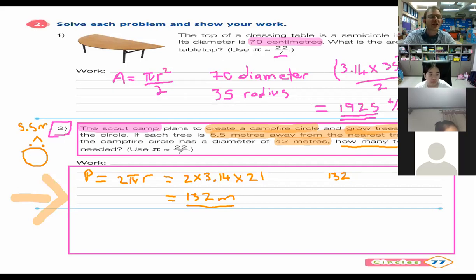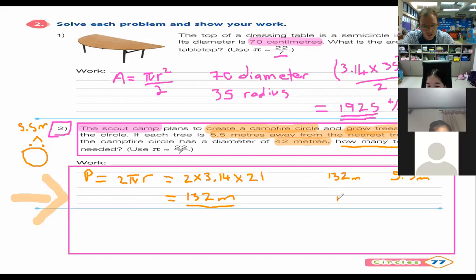So how far is each tree planted from the other one? What is the distance between them? 5.5 meters. So how will we calculate how many trees there are? You can tell me. 132 divided by 5.5.